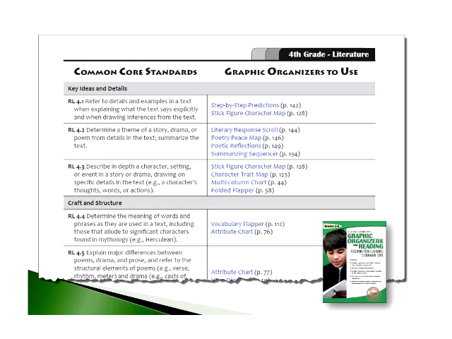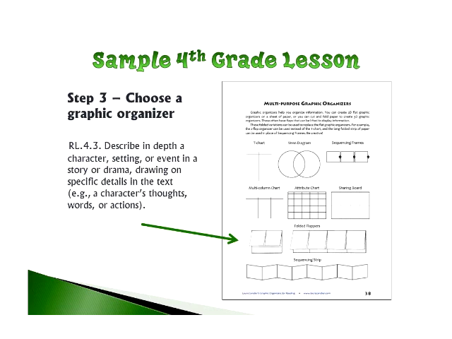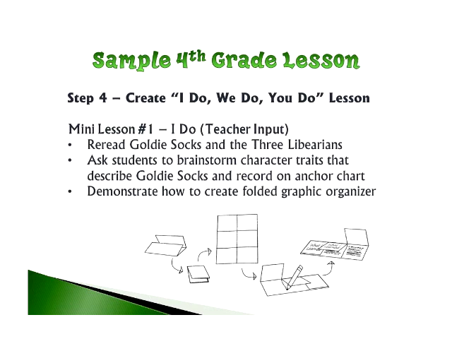So in, I think it's part 2 of the book, somewhere near the front, it has these charts, and you can just look for your standard. So right here it has RL 4.3 about character, setting, or event in a story. It lists a folded flapper as an example of a graphic organizer. And so that's actually the one that I want to use for this lesson.